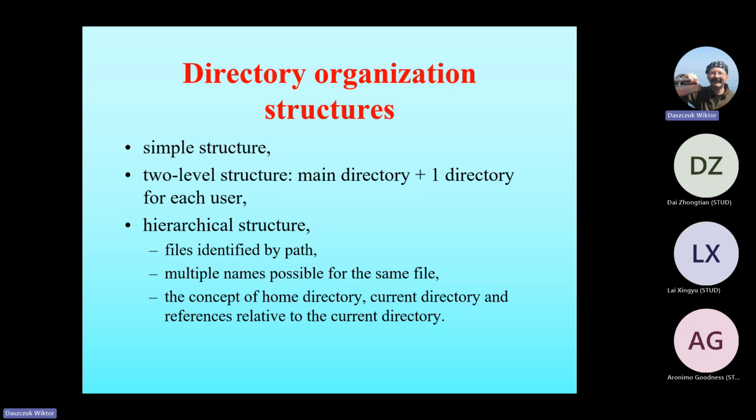And nowadays we use a hierarchical structure in which we have a tree, or a structure that is almost a tree, with file names, paths, the notions of current directory, relative path, and so on. I think that you know it from your practice.